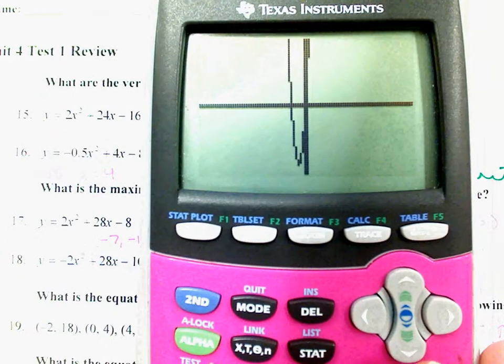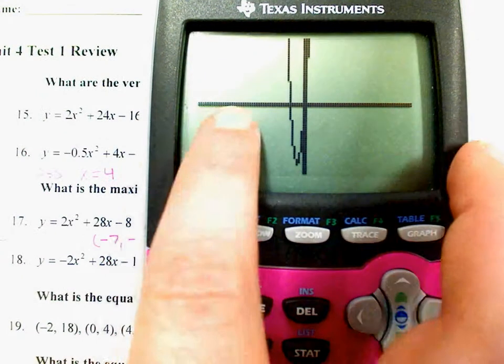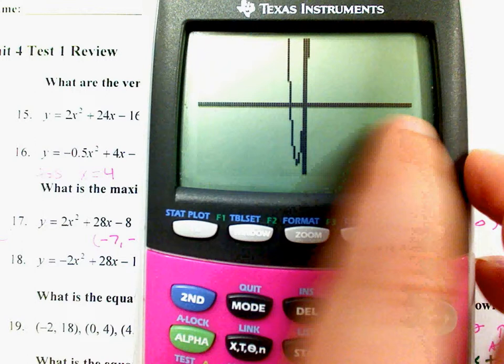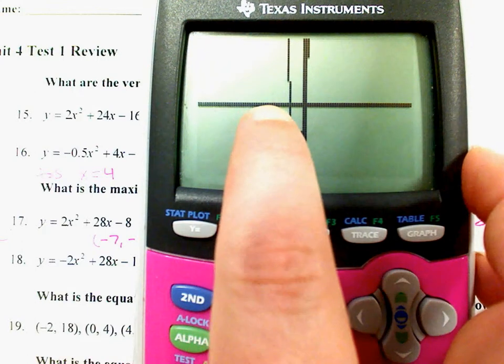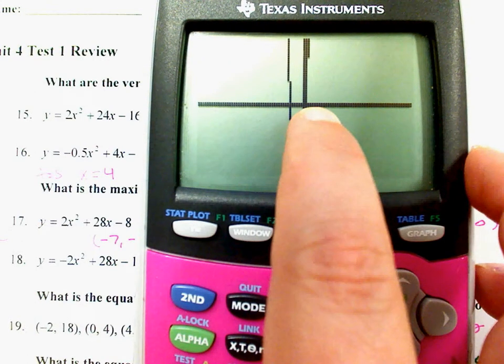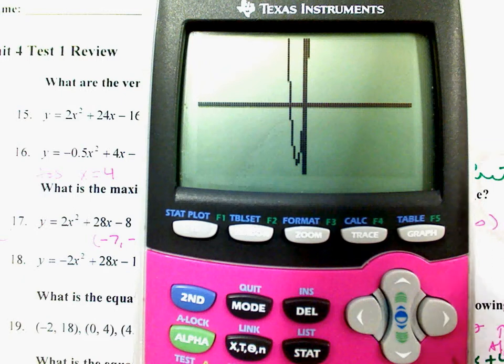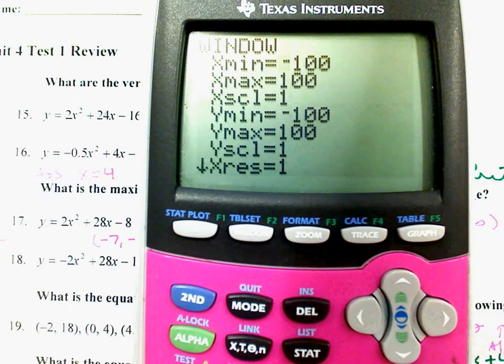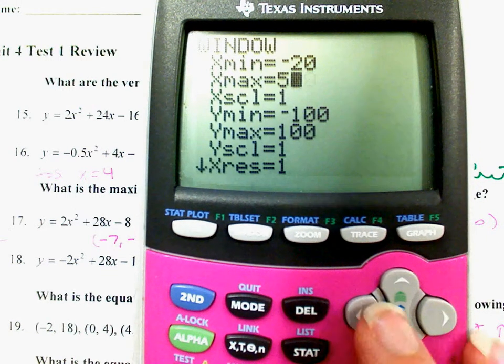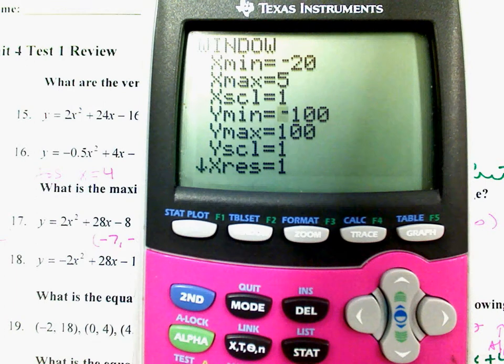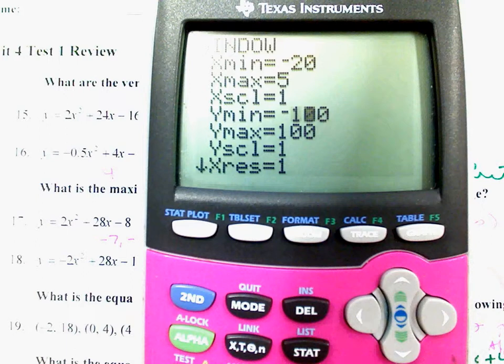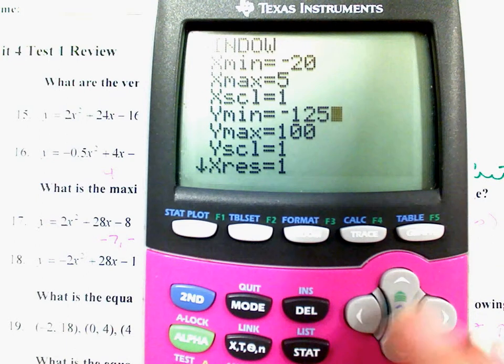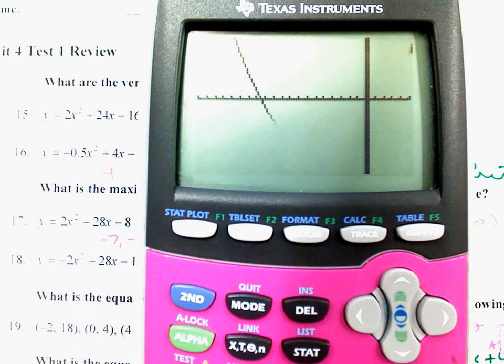So I went from negative 100 to positive 100, so maybe I just go from like negative 30 to 10 on x? Okay. Negative 20 to 5. I'll try it. What do you think about on the y's? I might go a little bit lower just to make sure that I can see the minimum. I'll just go 1. That's fine. We good?